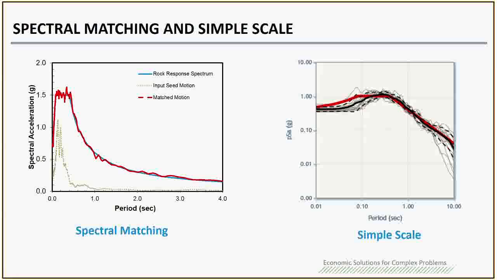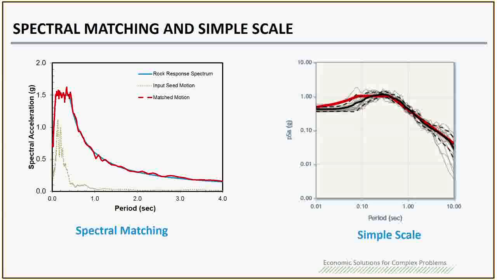Either way has pros and cons. Spectral matching used to be very popular because it's easy to do. Simple scaling can sometimes be time consuming and very difficult. If you do that manually, you have to try different scaling factor combinations, and eventually you may not get the results you desire.